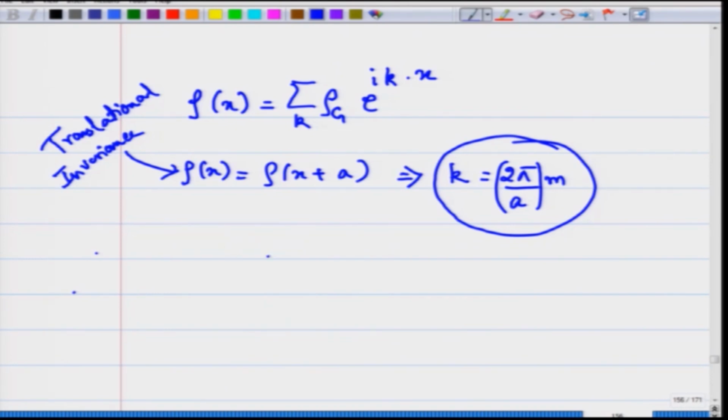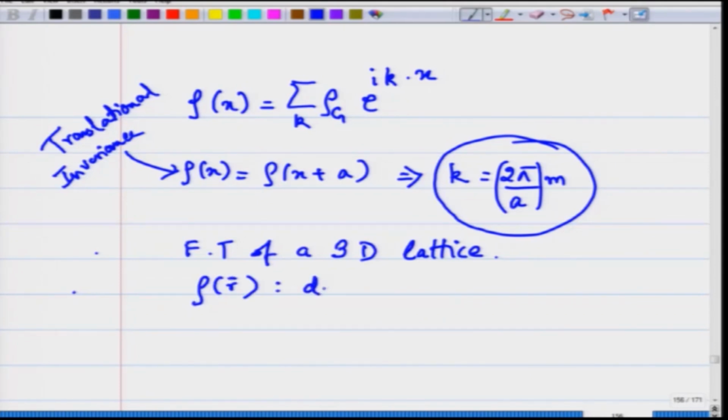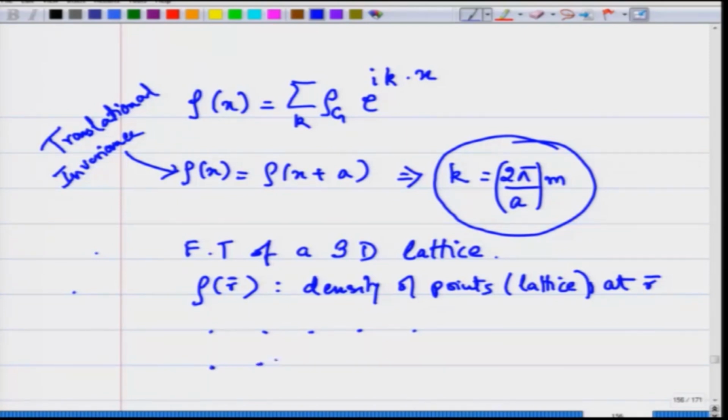Now, we will look at the Fourier transform of a three dimensional lattice. So, rho of R is the density of lattice points at R in the lattice. Here, for simplicity's sake, I am drawing a two dimensional lattice.